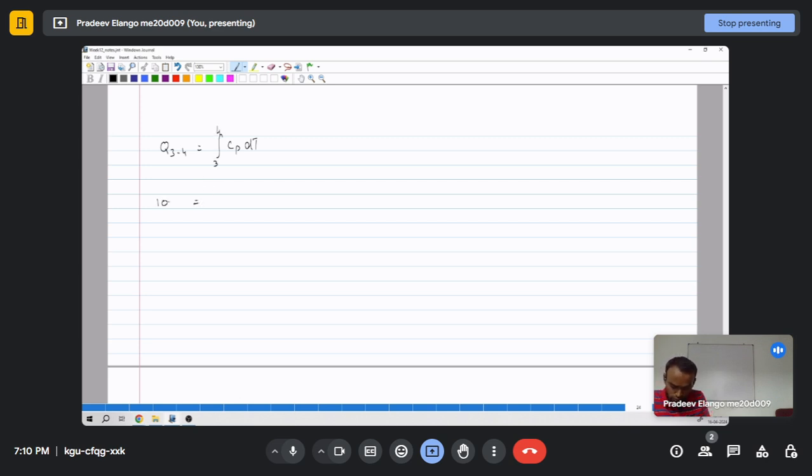This is 1000 kilojoules, and here we have 0.996 (T4 minus T3) plus 0.000028 (T4 squared minus T3 squared).